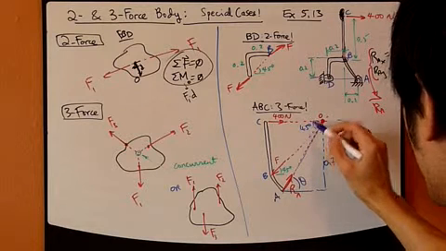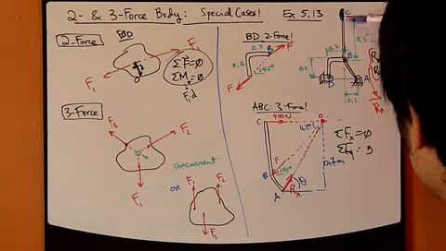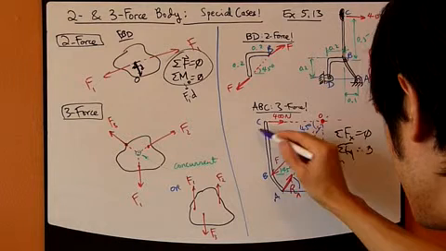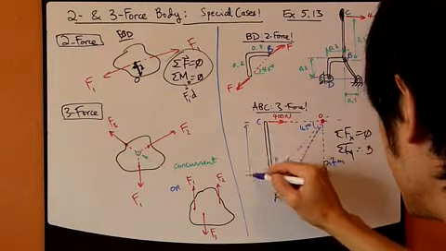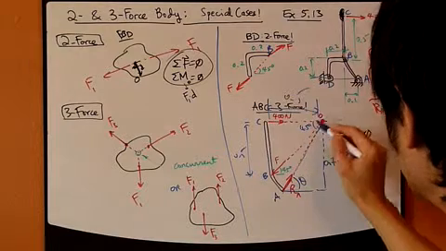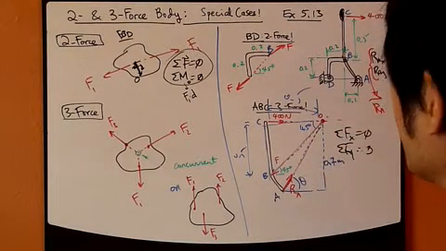And you know that from here to here, it's 0.5. It also means that this is 0.5, because look at this triangle right here.